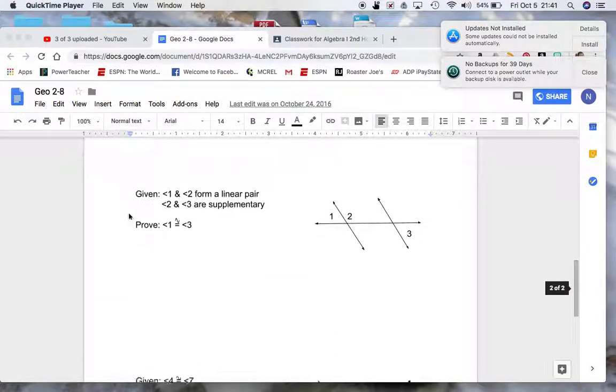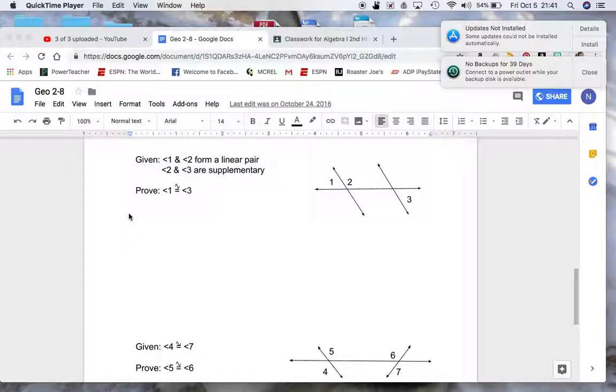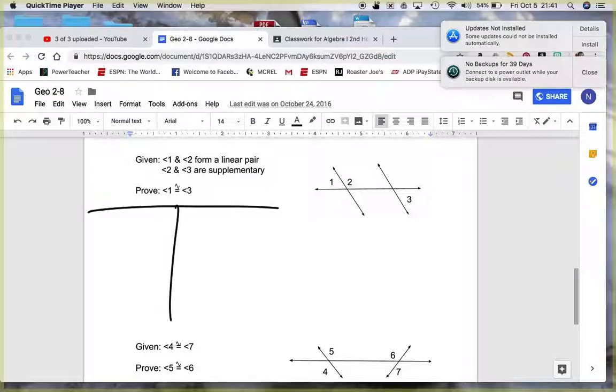So a lot of what we're using is linear pair, vertical angle, stuff like that. The words supplementary and complementary are keywords too. So once again, start with your given. Our pair, angle 2 and 3 are supplementary.